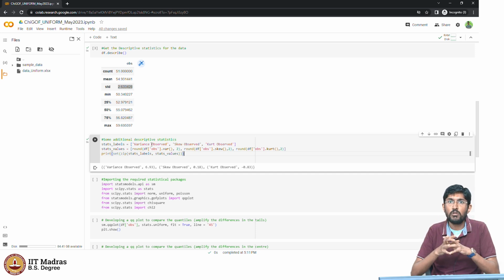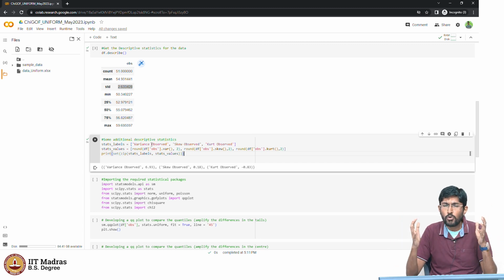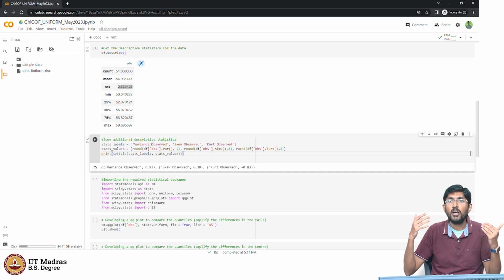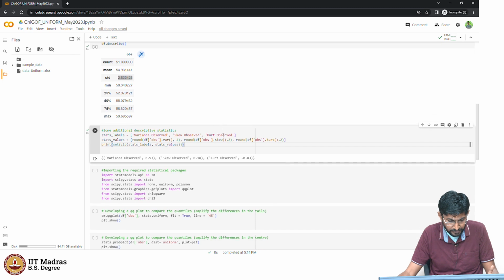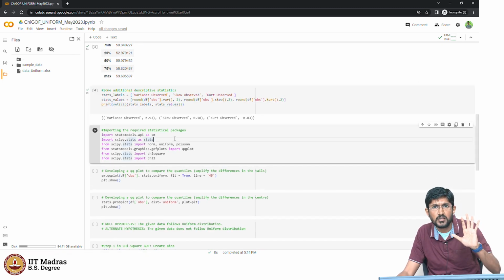We have narrowed down from, let's say, Poisson, uniform, binomial, normal, and so on, to possible contenders as normal or uniform, and from that we are taking this as, let's say, a uniform and proceeding further. Now, based on visualizations and some descriptive statistics, we are saying it's uniform.